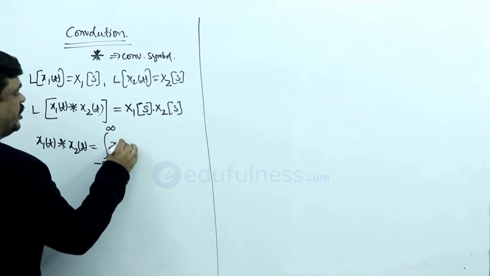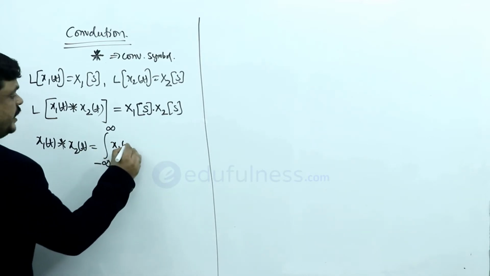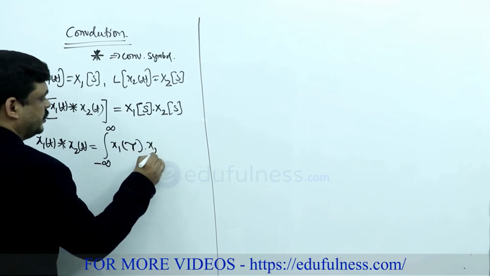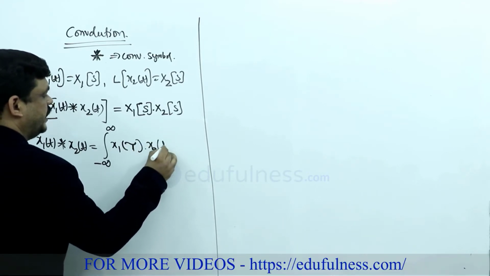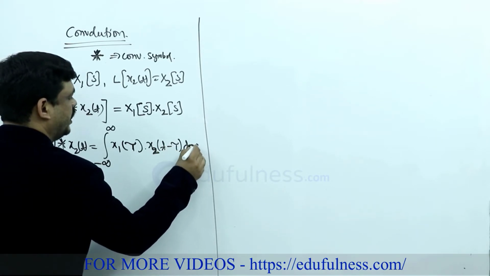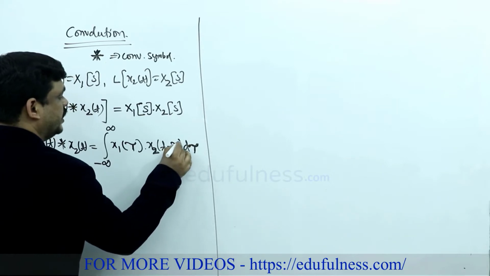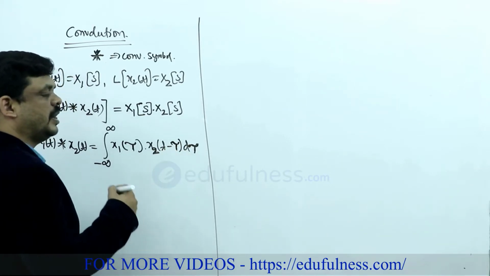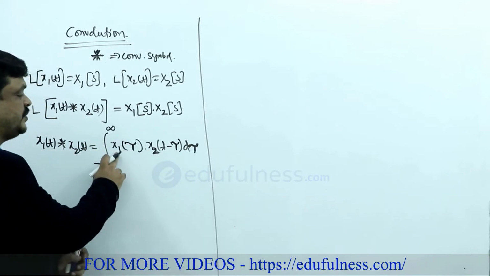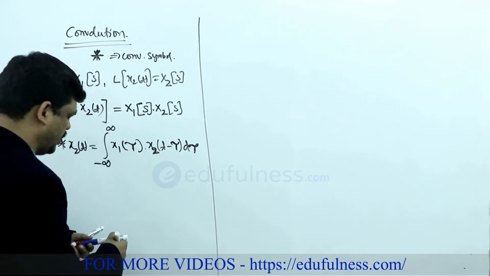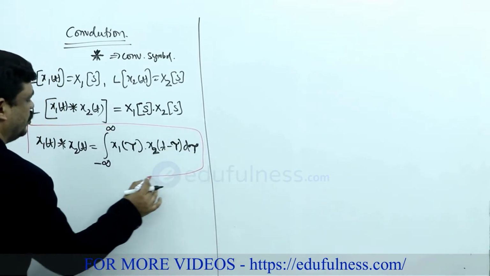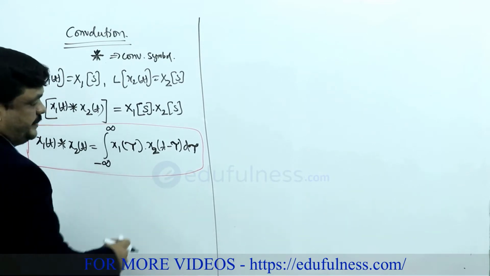The first function we write with another variable: tau. x1 of tau into x2 of t minus tau d tau. Tau is a scanning variable or dummy variable. This is the standard equation of the convolution of two functions.